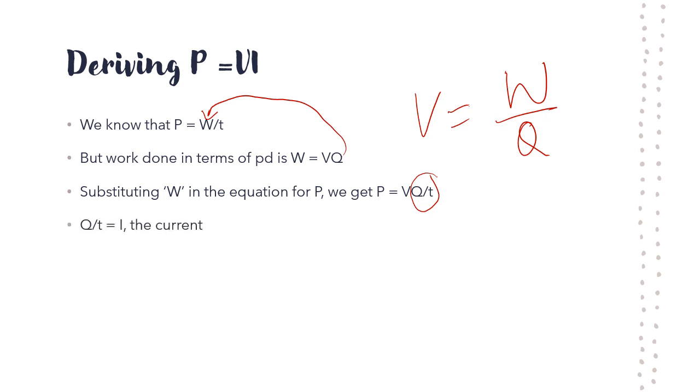Q over T is the current. So finally we have P equals V times I. You need to know this derivation, and it's a very easy derivation. There's no rocket science behind it.